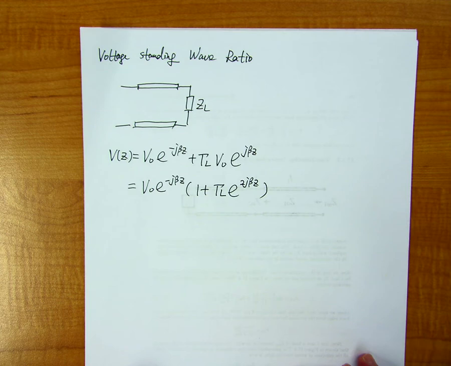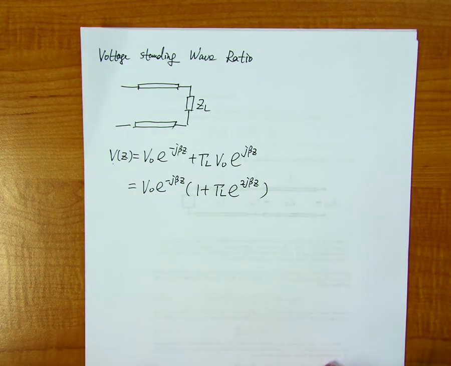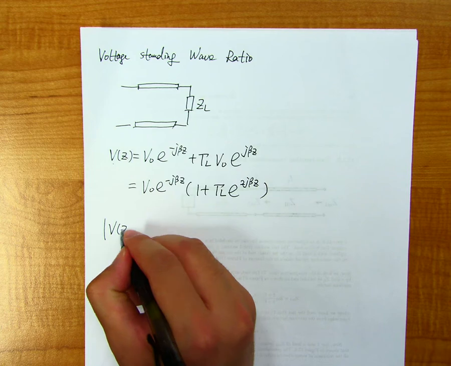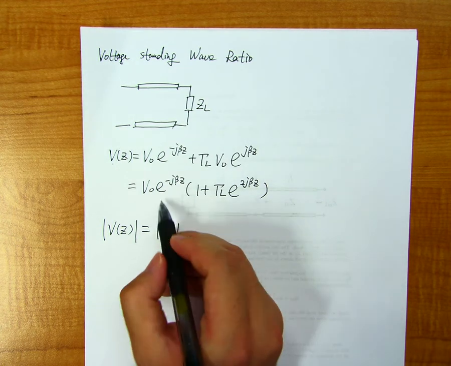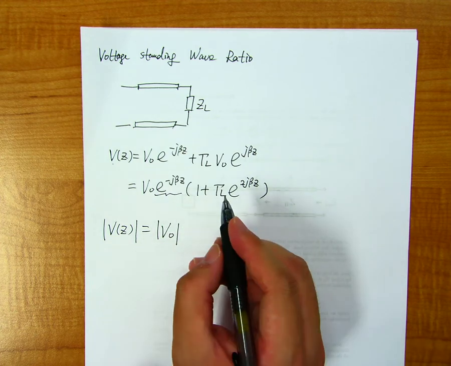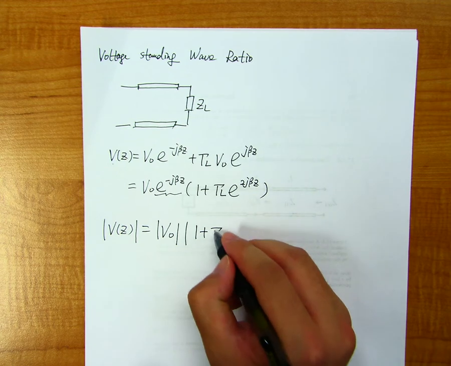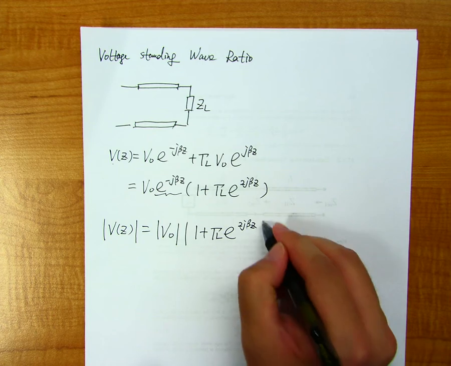And you can see that the amplitude of V of z is not a constant along the transmission line. If you change the value of z, the amplitude of V can change as well. So the amplitude of V of z is equal to the amplitude of V naught, and this term's amplitude is just 1, times the amplitude of 1 plus gamma L e to the 2j beta z.